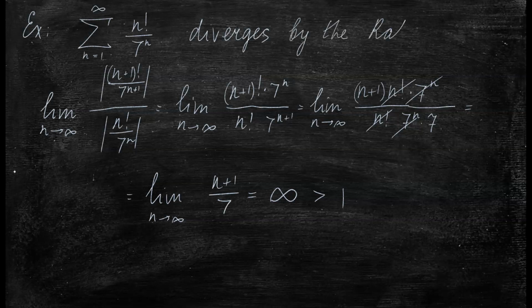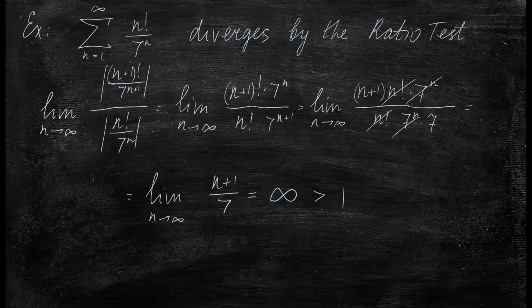by the ratio test. And when a series diverges, it is very possible that you will be able to determine it by applying the divergence test. However, in this case, I decided to skip it. All right, let's do one more example.